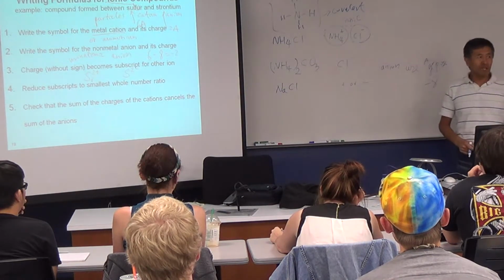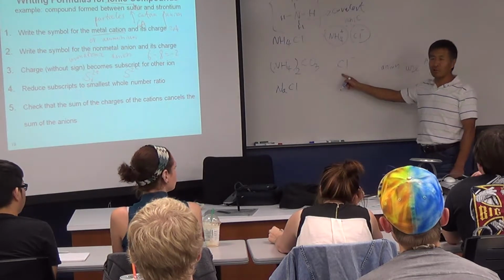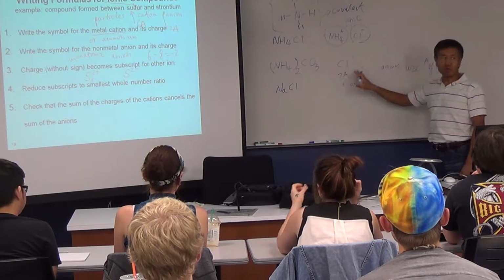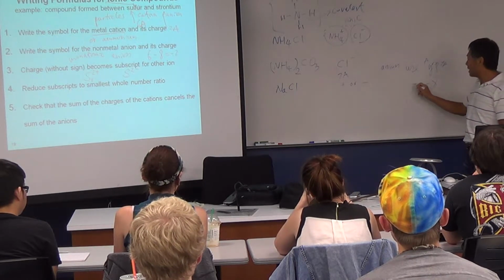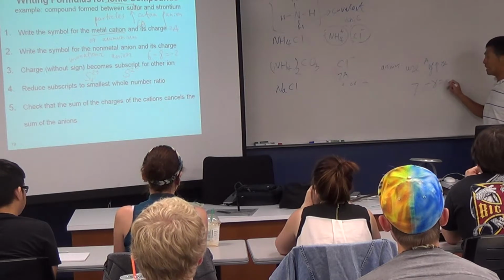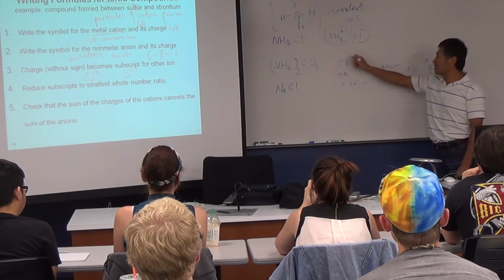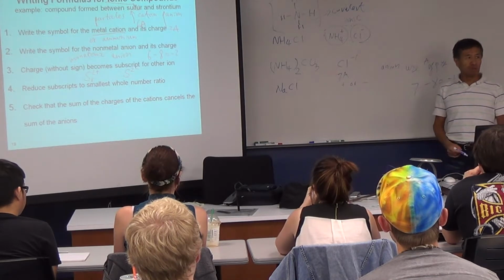You use the A group number minus 8. What is the A group number for Cl? 7, you write 7A. But you don't use 8, just use the 7. Okay? So therefore you have 7 minus 8, and that'll give you negative 1. And so therefore you just have this like a negative 1. Right?